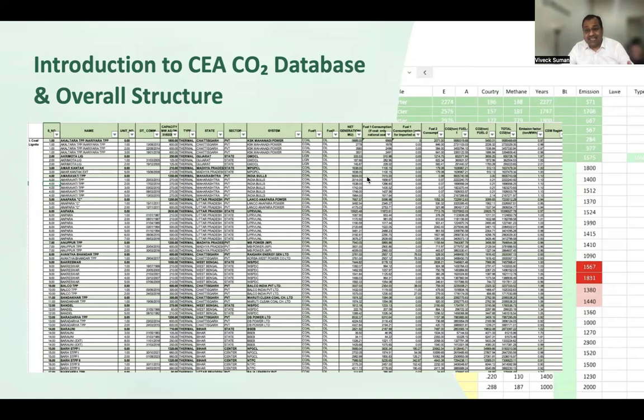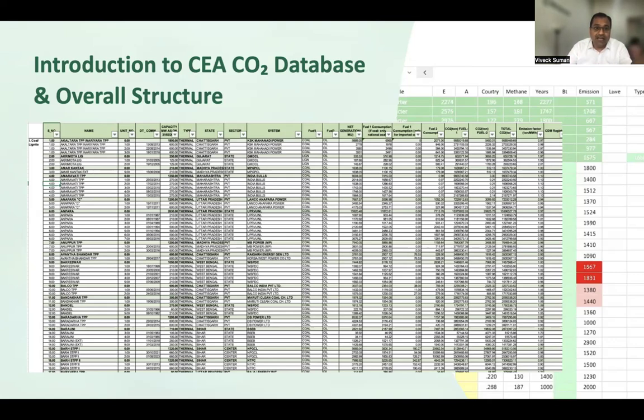For example, the CEA database covers details about emissions from coal and lignite-based thermal power plants. And this database helps government bodies, researchers, and companies to evaluate their emissions and track the improvement in their operations. So this is how it looks. If you see on the row, there will be a serial number.